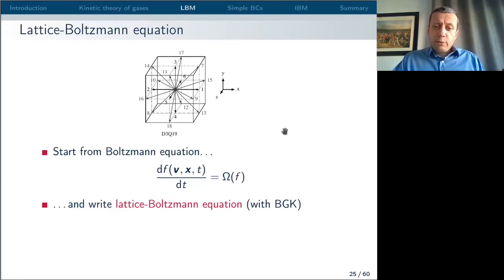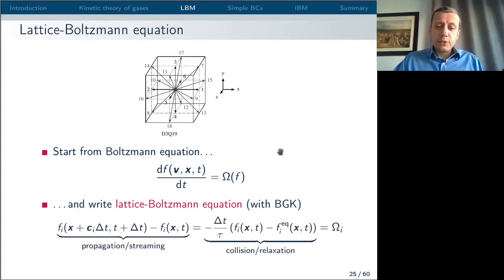And the Lattice Boltzmann equation, how does it look now? I told you that instead of the full collision operator, we use the BGK approximation. And the resulting equation will be the Lattice Boltzmann equation, or LBGK, Lattice BGK equation, which looks like this. And this is really what you implement later on in your code. The left-hand side here is the total change of f.